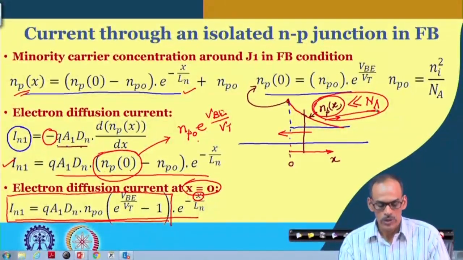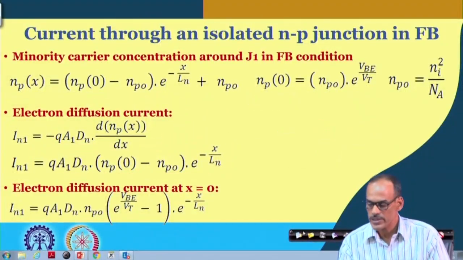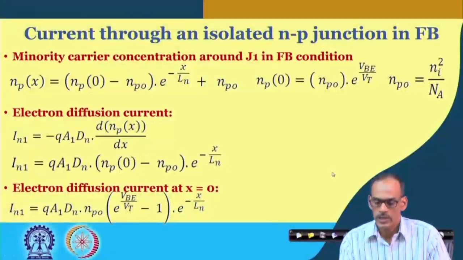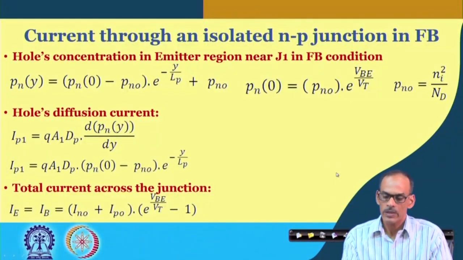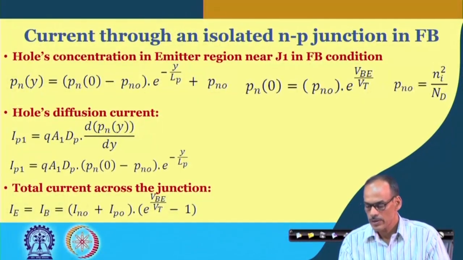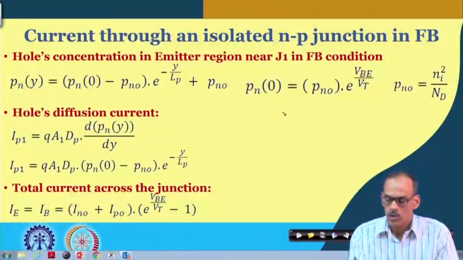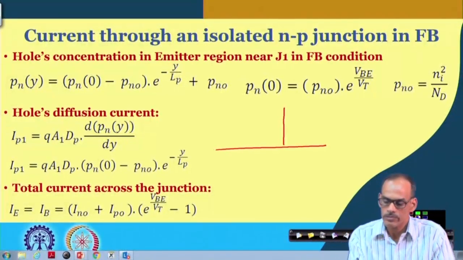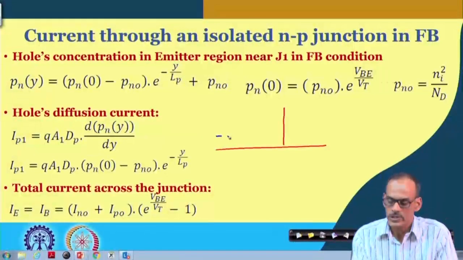Now, similar to this movement of the electrons, as I said, holes are also moving across the junction. So, they are also contributing to the current, and it has a similar kind of expression. The only difference is that the movement of the holes is from right to left, and suppose this is the edge of the depletion region.